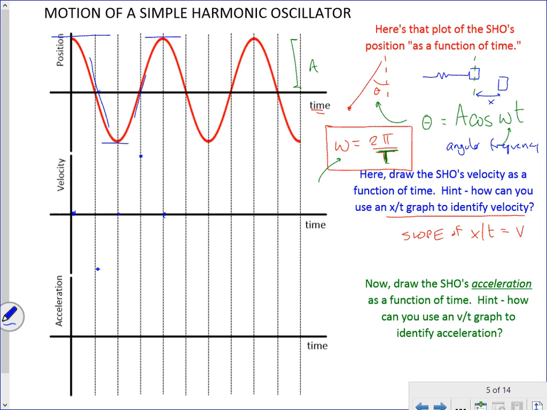Velocity is 0. Slope, big and negative. Velocity, big and negative. And so on, and you get the idea. So the velocity as a function of time looks like this.